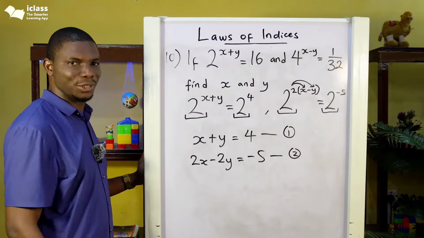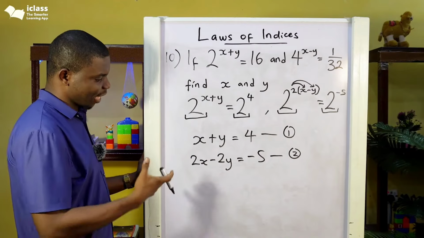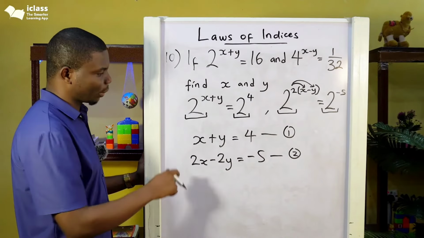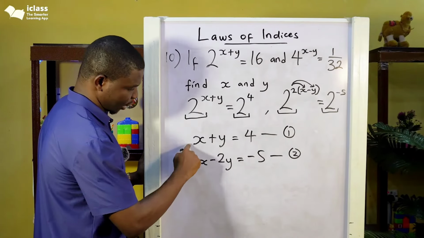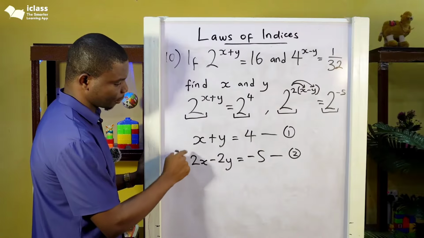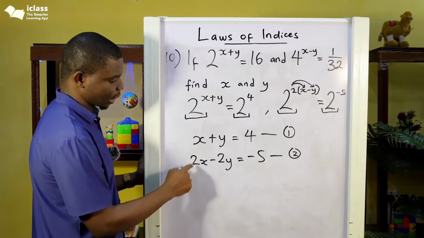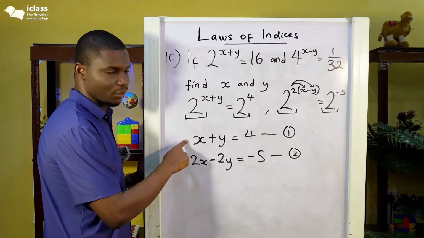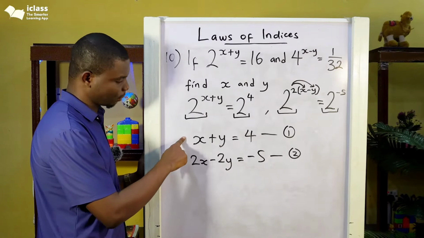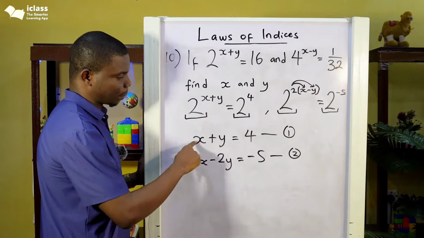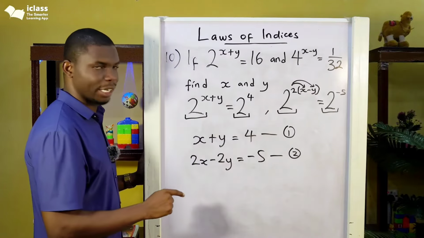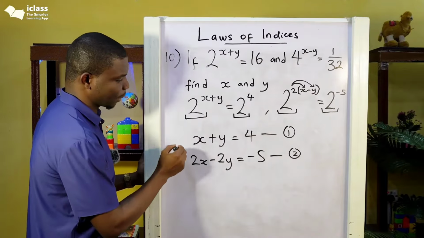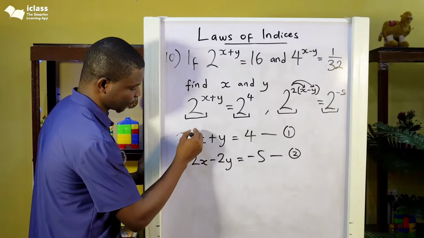So we have the simultaneous equation here. How do we solve this? We can use the elimination method. For instance, if I want to eliminate x, I'll have to make the coefficient of x the same in both equations. So to do that, I'll have to multiply equation 1 by 2.